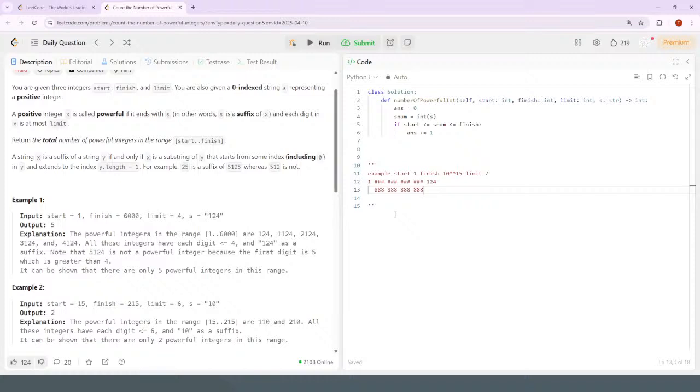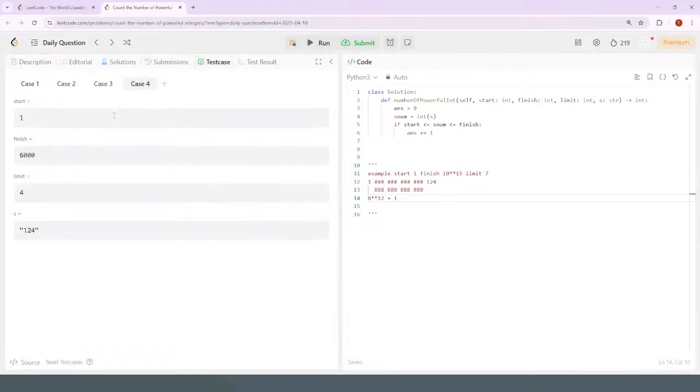So I think that would be something like 8 to the power of 12 plus 1 as your answer. Right, let's do a test case here.